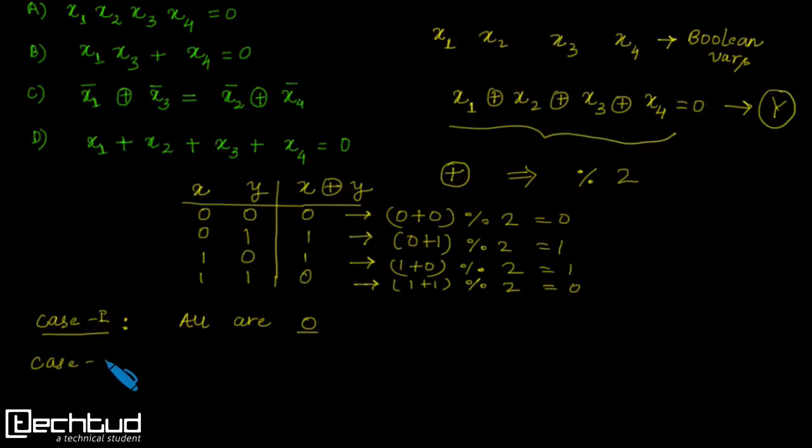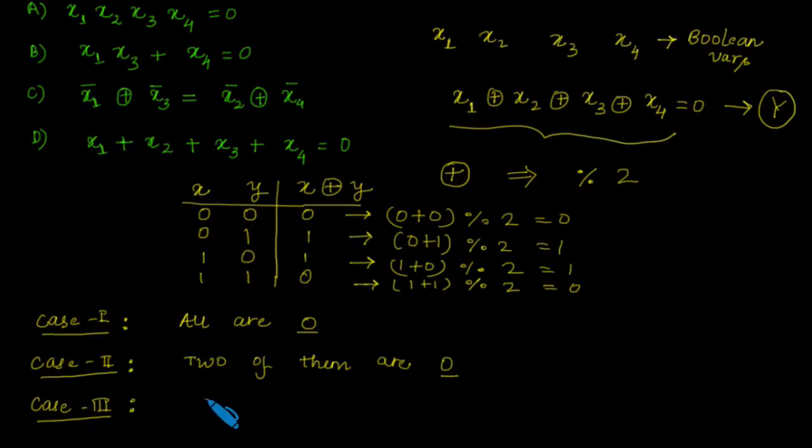There could be one more case where two of them are 0. If any two of these four Boolean variables are 0, then also this equation will hold. And there could be a third case in which all of the four Boolean variables hold the value 1. In this case also this equation holds. Why? Because 1 plus 1 plus 1 plus 1 mod 2 will result in 0.